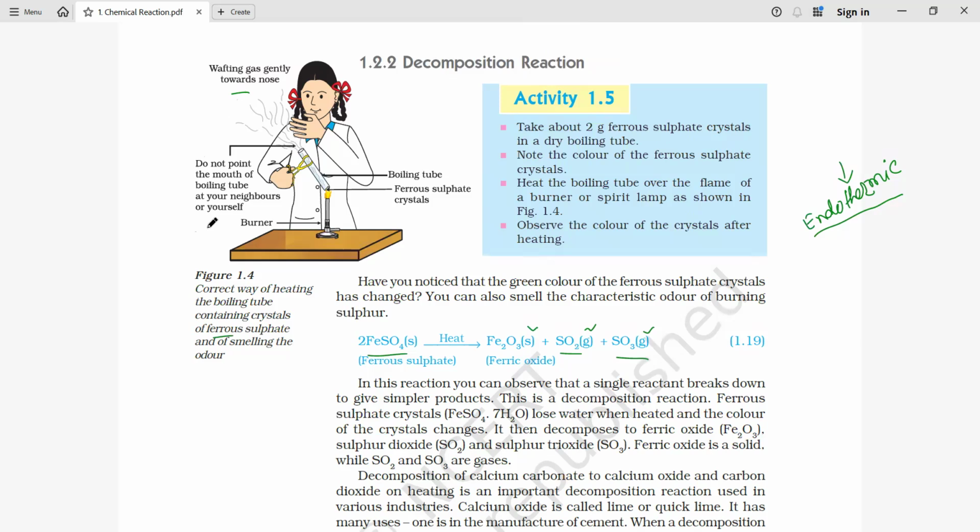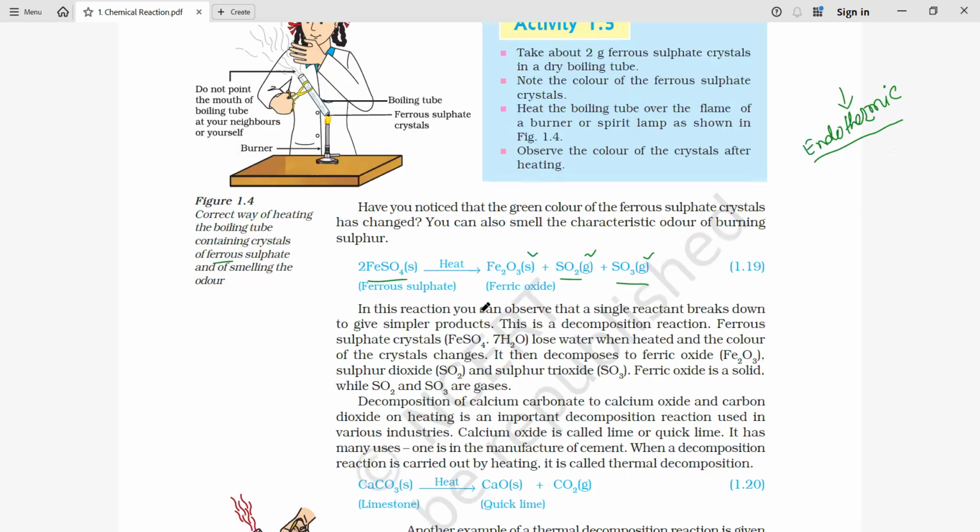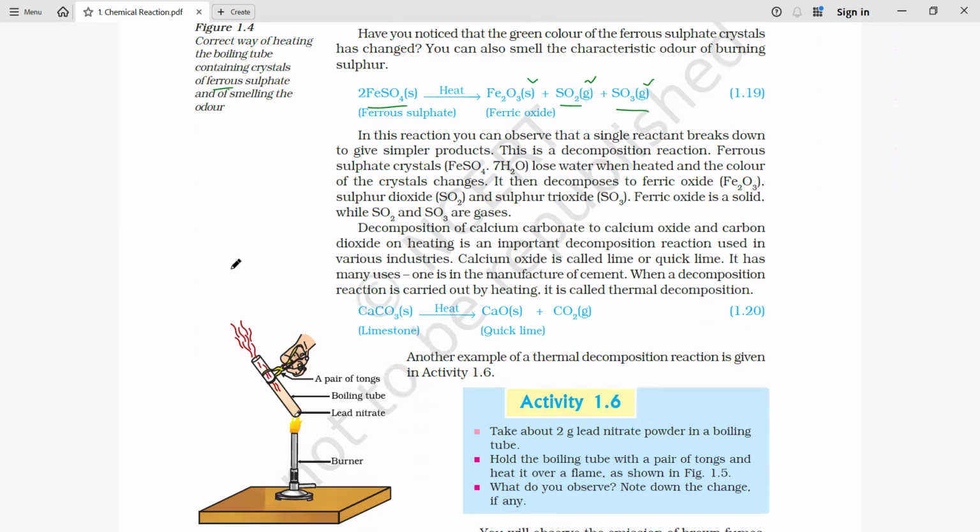When you are heating something, water molecules क्या होगा, crystal को छोड़ देगा. So due to that, the color of the crystal is also going to change. You can observe that if you do the experiment. So finally, the color will change and you'll feel the smell of that gas.